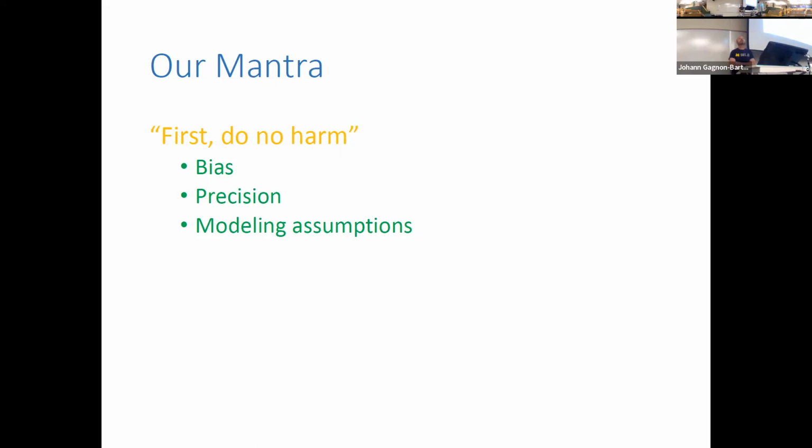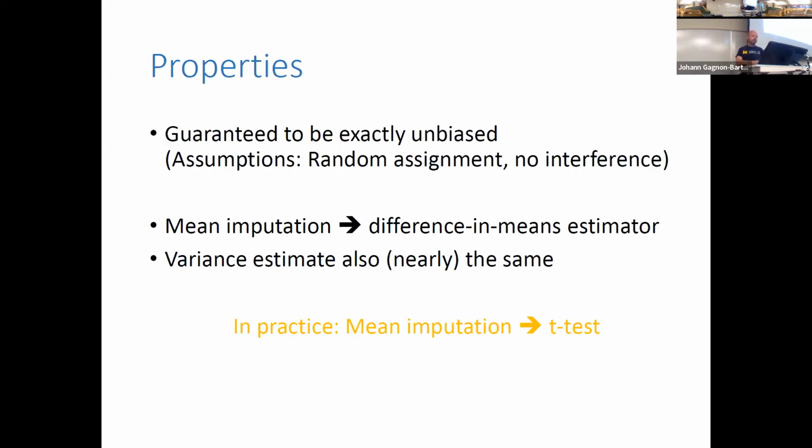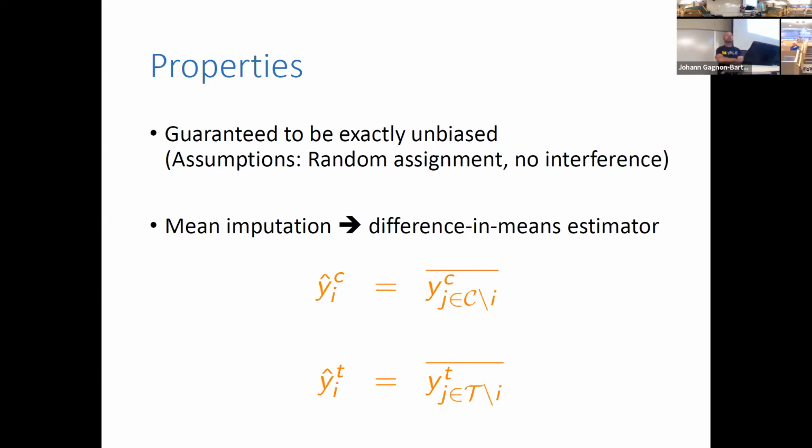When you say mean imputation, do you also do something like combining rules? Do you account for the imputation in the variance?